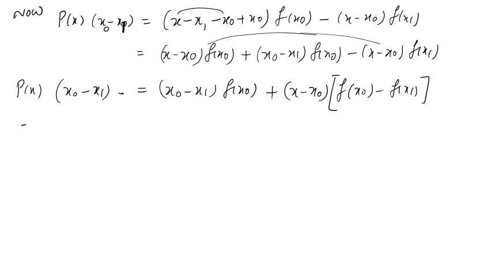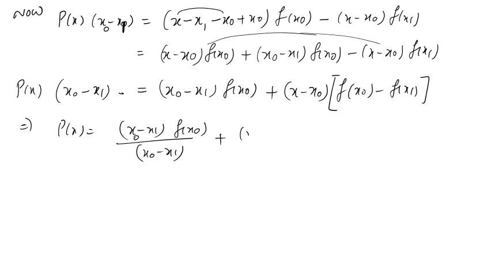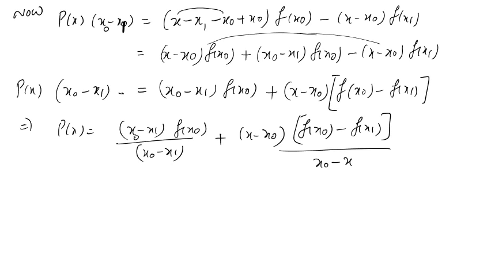Okay, so this implies p of x is now x naught minus x1 into f of x naught by x naught minus x1 plus x minus x naught into f of x naught minus f of x1 by x naught minus x1 by x naught minus x1.